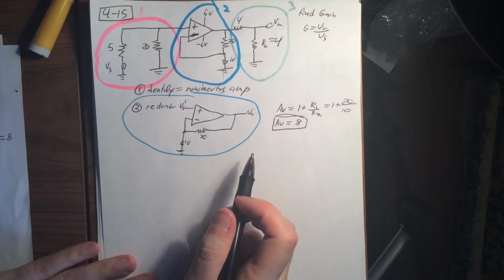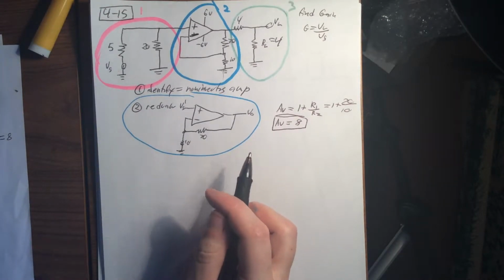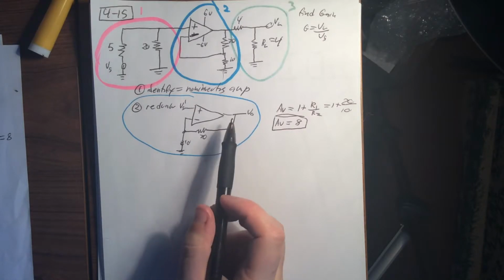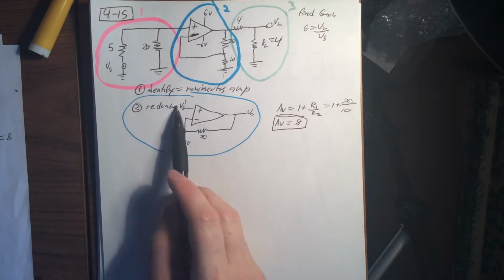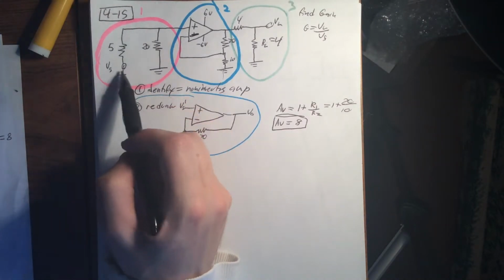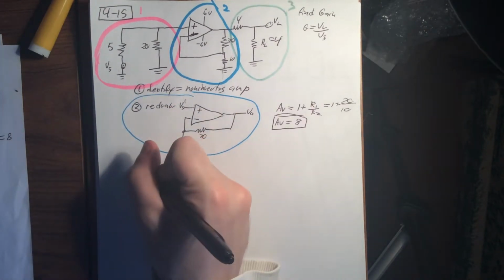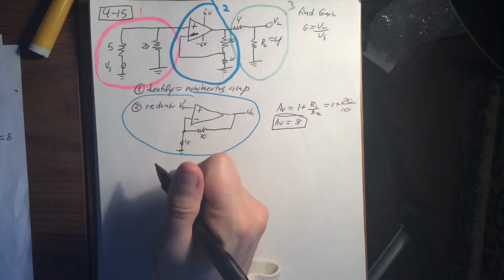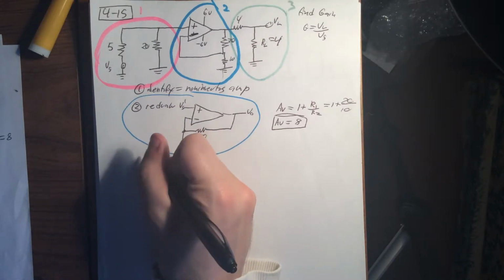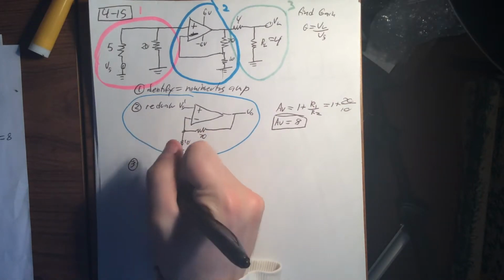So now we're going to look at Vs to V prime. Right now we have our V prime here. This is our Vs, our voltage source. So how do we get from this chunk to this? And this one is going to be 3.